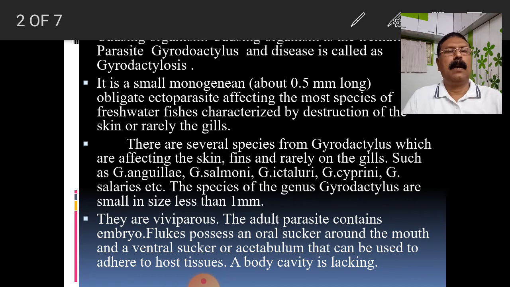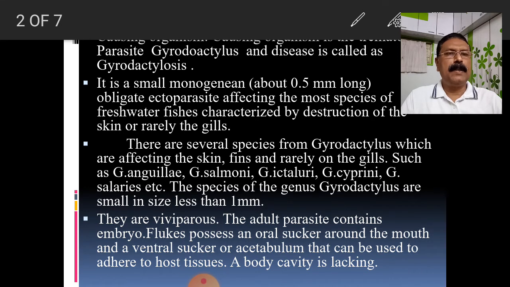So the adult parasite contains the embryo. Dear friends, this Gyrodactylus has a very different type of development or life cycle. As it is viviparous, it has the embryo.